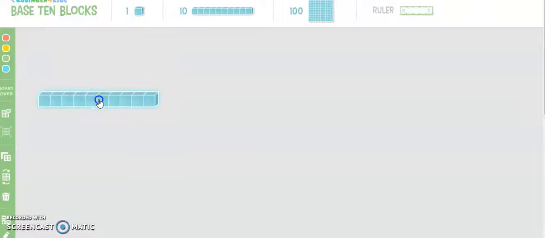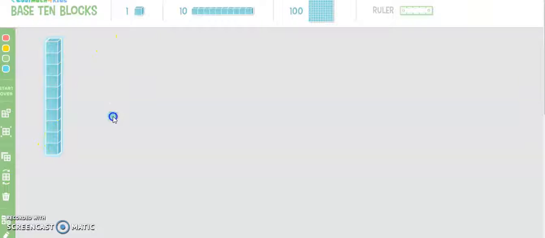So this stands for 10, right? So even though they're stuck together like this, it still has 10, right? This is just one, right? And one of these can fit in here pretty easily, so 10 of them stacked up equals one of those, okay?